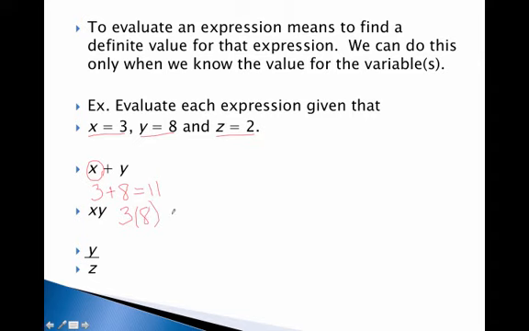So I've got 3 times 8, or 24. So in fact, I know the value. I can evaluate that expression. Here I've got y divided by z. Y is 8 and z is the number 2. So the value for that expression given those values for x, y, and z is 4. Okay?